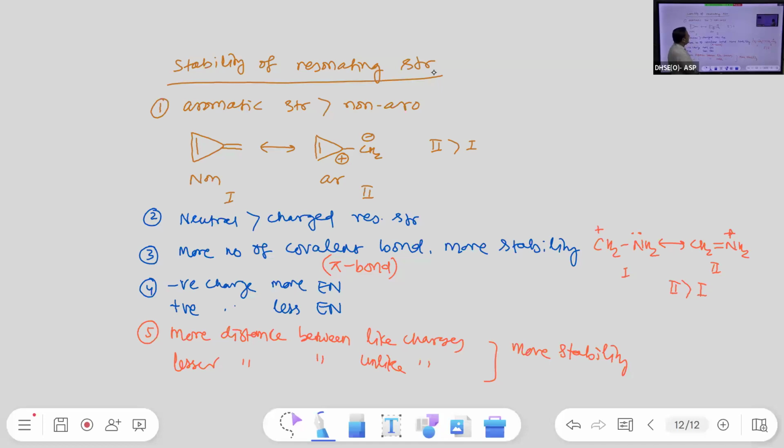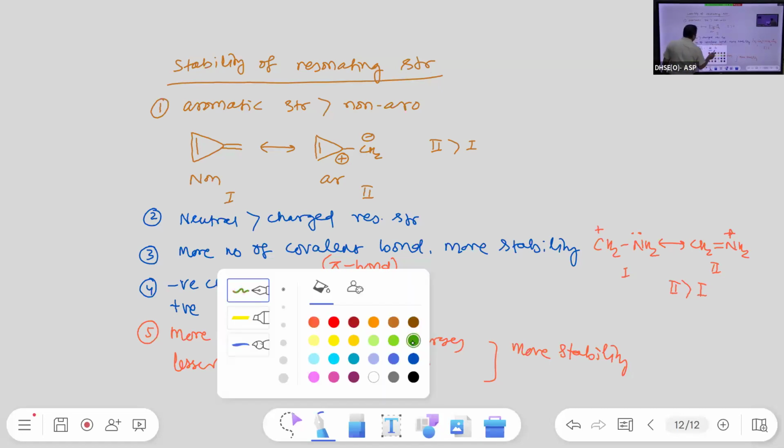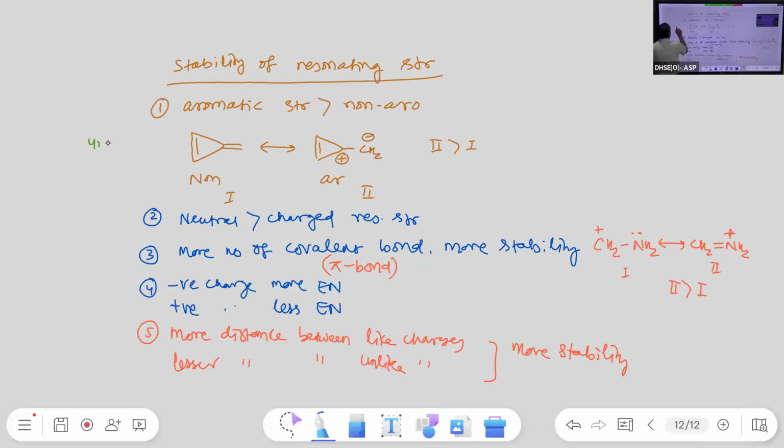Third, it should be a fully conjugated system. And the next one is it should contain 4n plus 2 pi electrons for aromaticity, where n starts from 0. So if 2 pi electrons, then that is aromatic.